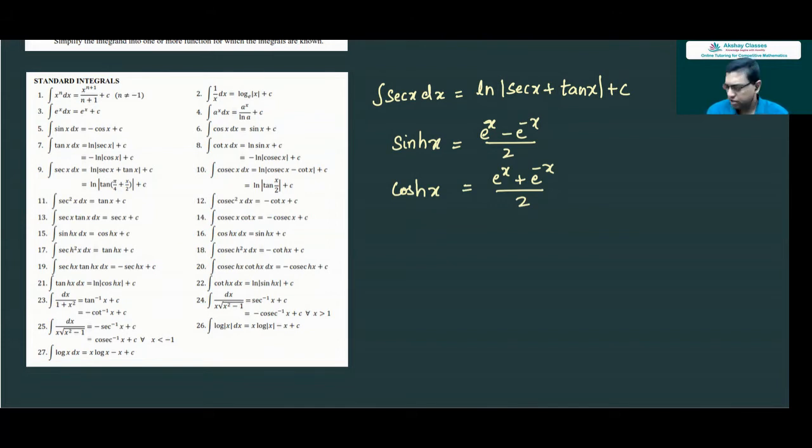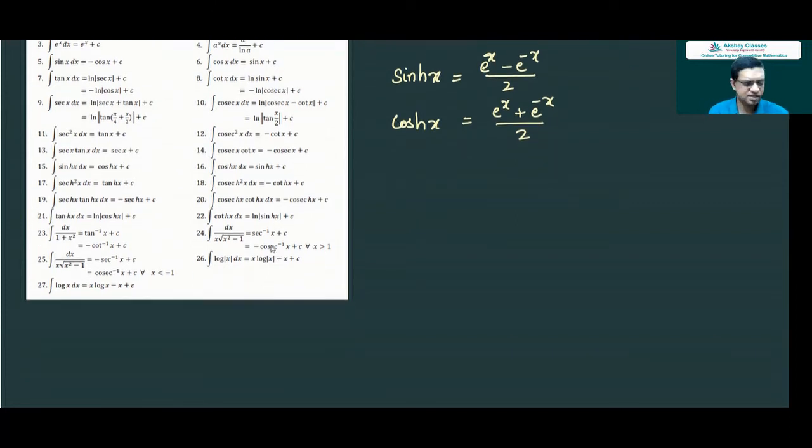Conveniently, unless in an extreme case they ask for integrals of hyperbolic functions, we can simplify like this and convert. In an extreme case, if they ask, we should remember the integral formulas. It's just another few. We can memorize them, not an issue.